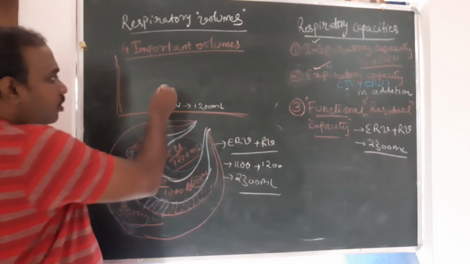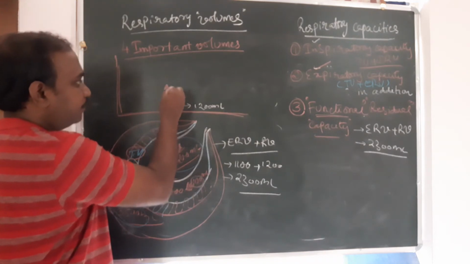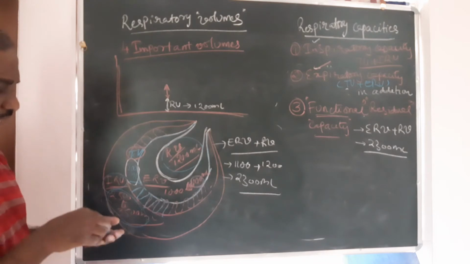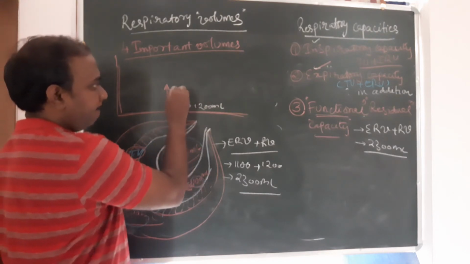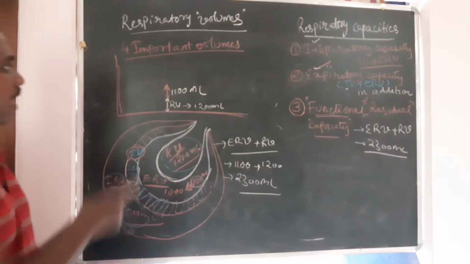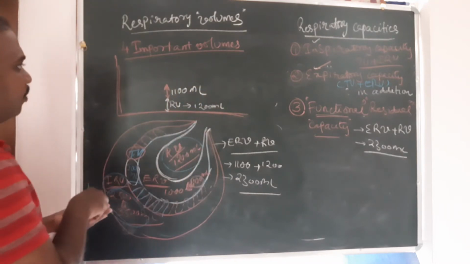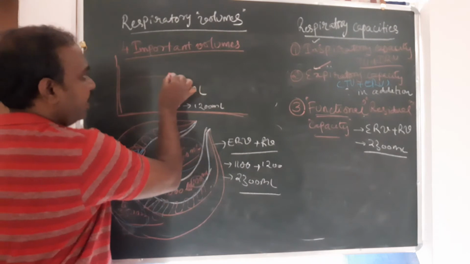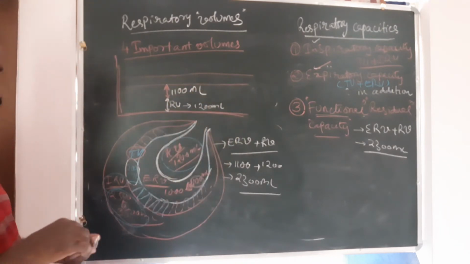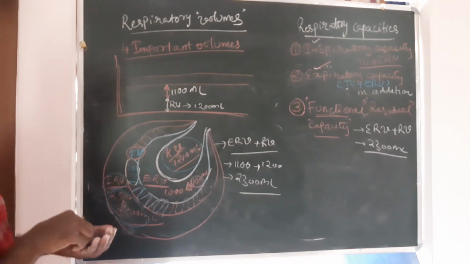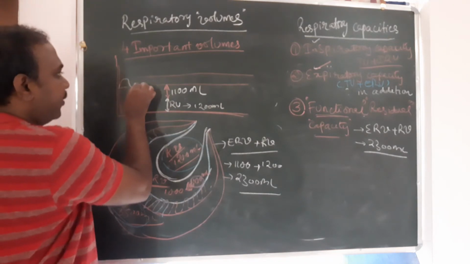Over this, how much you can expire? This one, 1100 ml. And over this, the tidal volume will be happening. I'm drawing a range here. Over this, the normal process of inspiration and expiration happens.